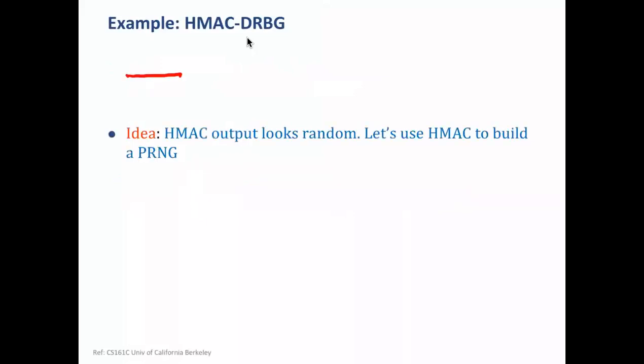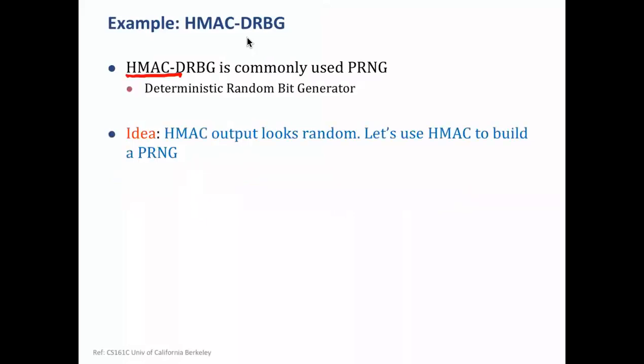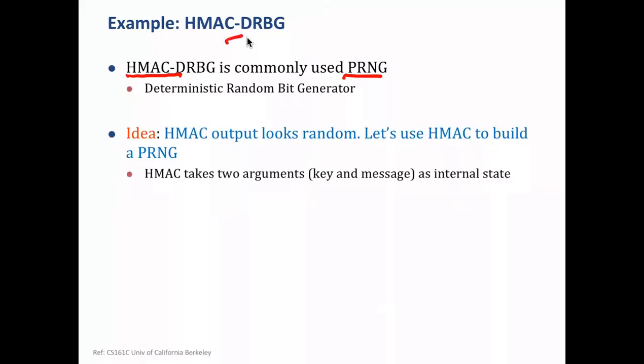HMAC DRBG is a commonly used pseudo random number generator. D stands for deterministic, R stands for random. This is a bit generator.